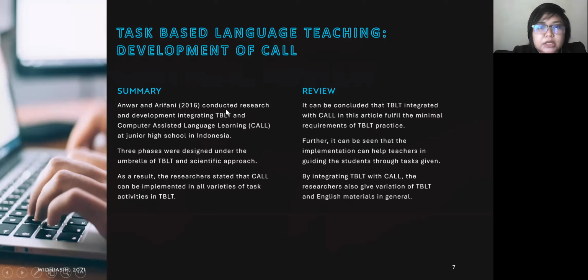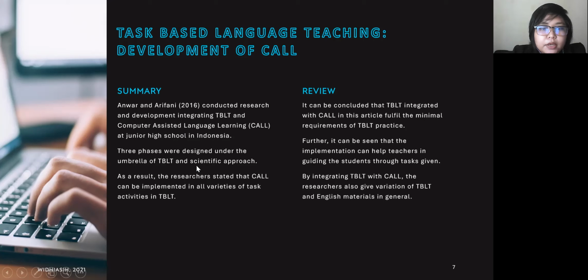In this research, they conducted research and development integrating TBLT, task-based language teaching, and computer-assisted language learning, or we call it later on CALL, at junior high school in Indonesia. They use 3 phases of TBL, as I mentioned before, in designing their TBLT integrated with CALL.